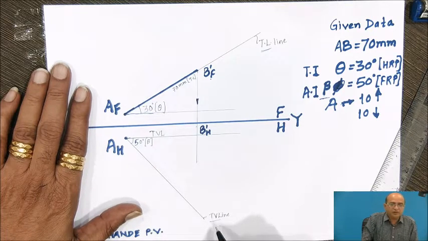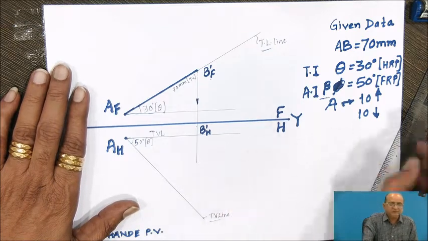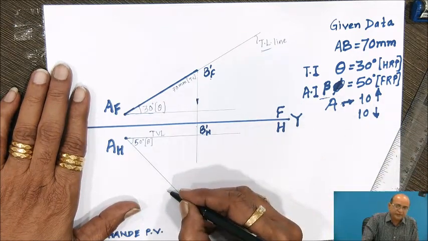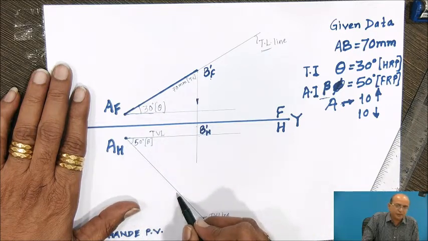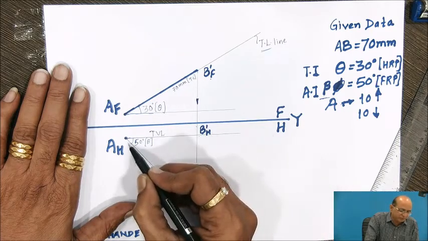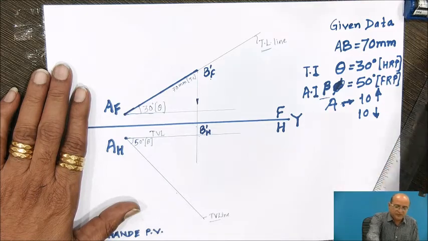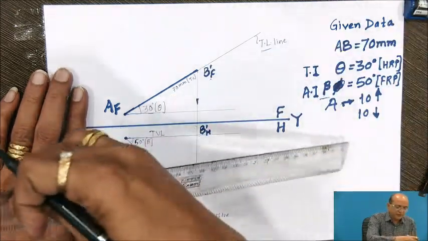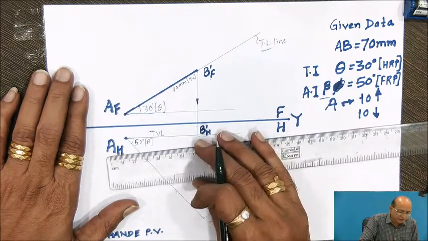On this top view line you can get the position of BH, and for that purpose we are going to rotate this point. We'll mark the distance equal to AH B dash H on this top view length line. Means we are rotating this B dash H point by keeping H as fixed, and that will give us the position of the line AHBH.